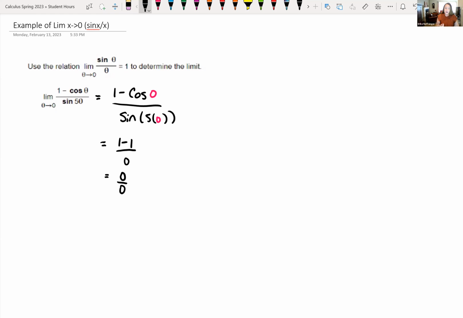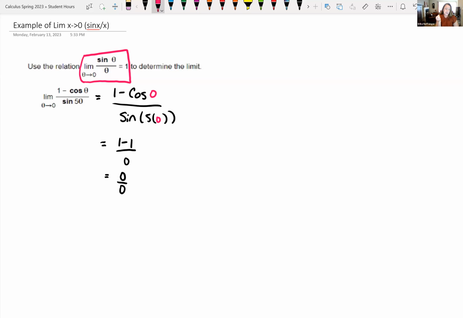This is where we're going to use this fact that the limit as theta approaches 0 of sine theta all over theta is equal to 1. As long as the argument of sine is the same as what we're dividing by, that's 1.